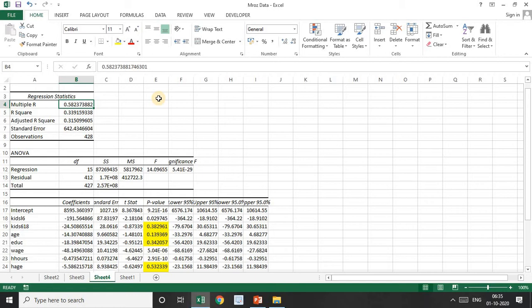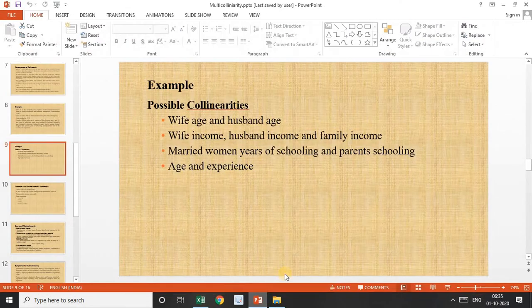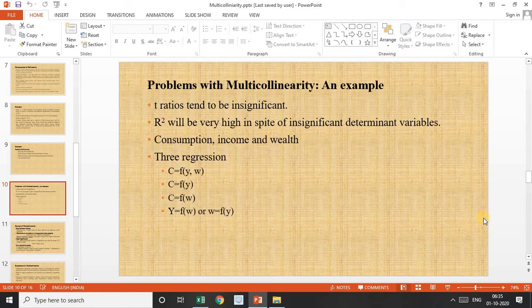There are many methods. So let us go back to our models. In this model, as I told you, many variables seem to be related, or we can expect certain kinds of nonlinearity or collinearity between these variables.